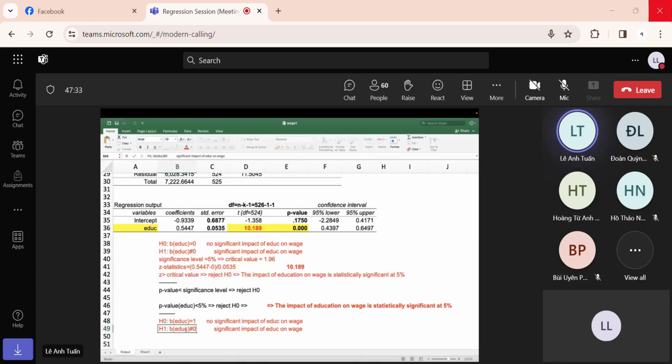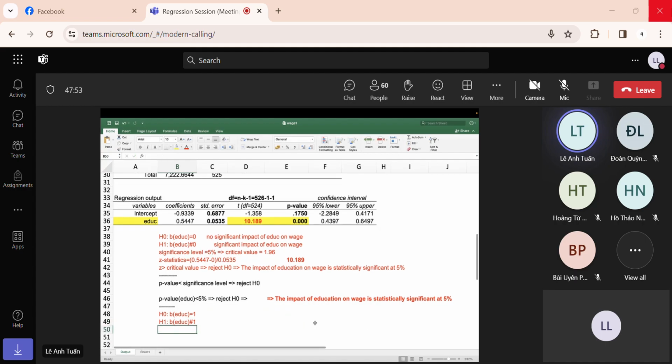Because here it is equal to 1, we cannot say it is significant or not significant, because it's a given number. So we just say our hypothesis is equal to 1 or different from 1. And similarly here, we define the significance level alpha equal to 5%.